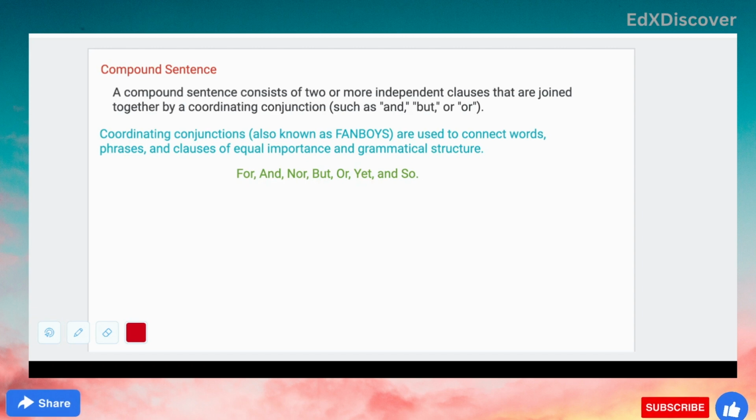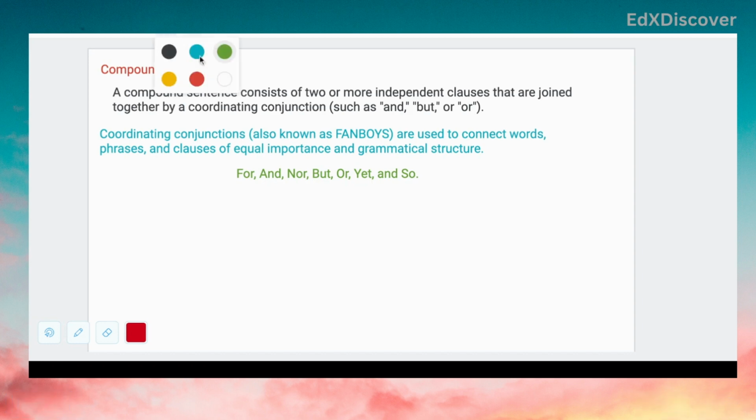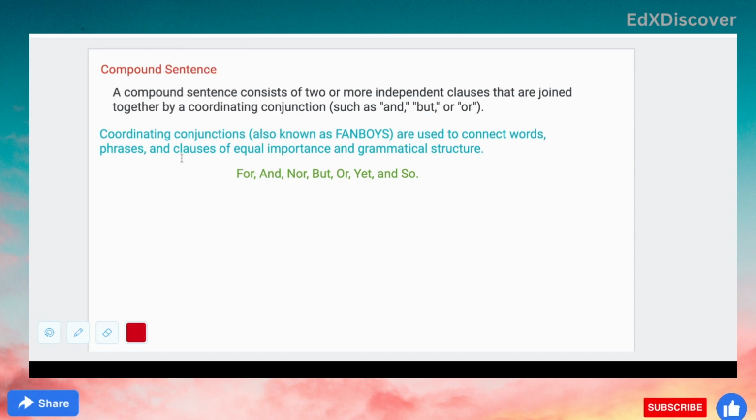For example, John is playing tennis and Mary is watching him. This is an example of a compound sentence. Here you can see "and" in between two sentences.